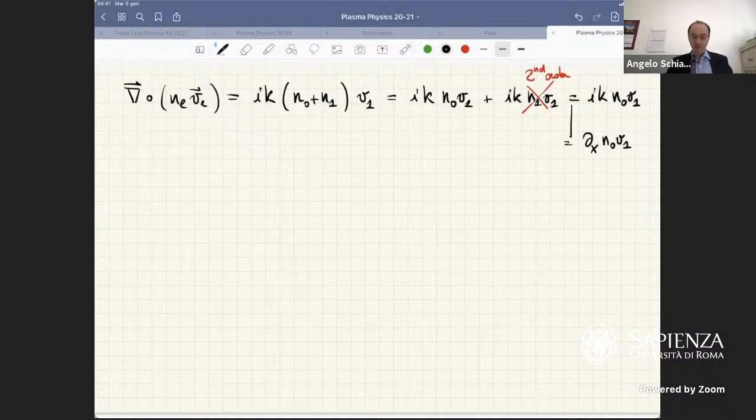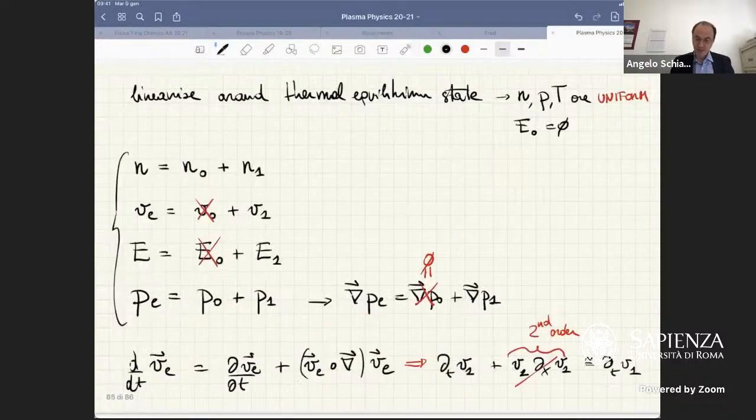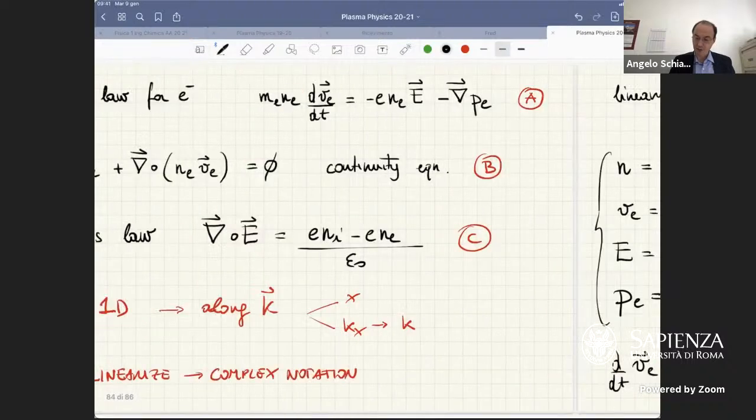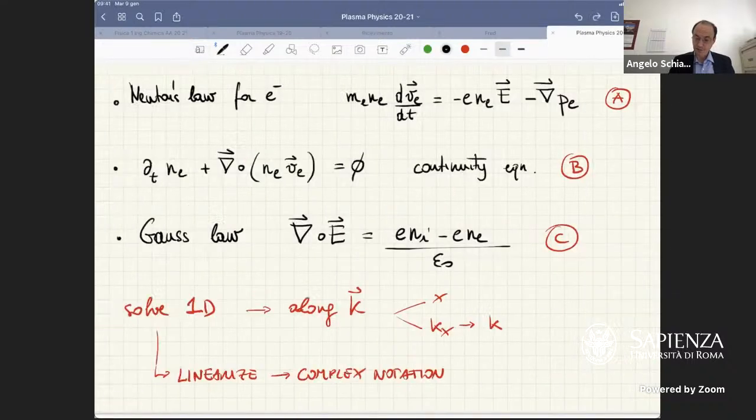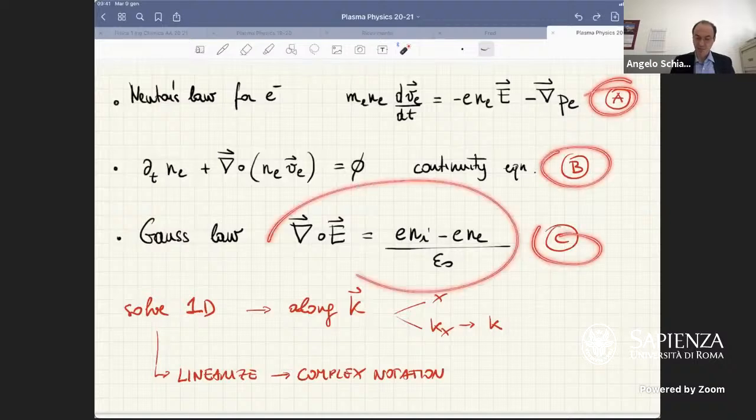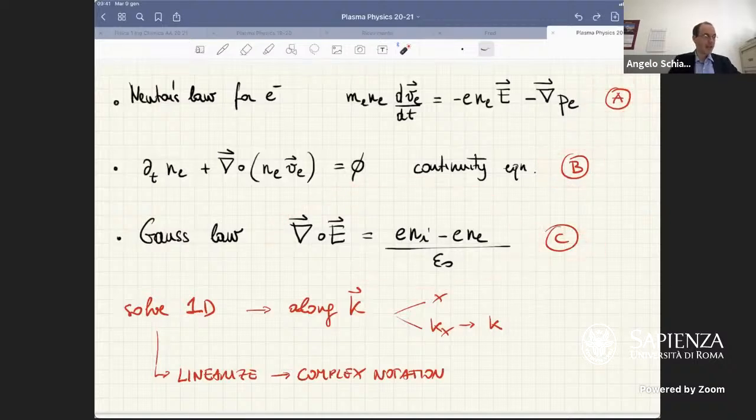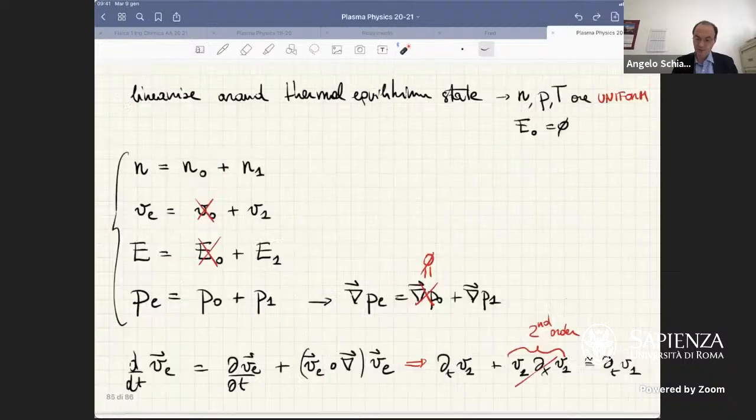Okay, now we are ready to rewrite the original equations, A, B, and C, rearranging the terms a little bit. And we go directly to the linearized form of these equations. So let's rewrite equation A, Newton's law.